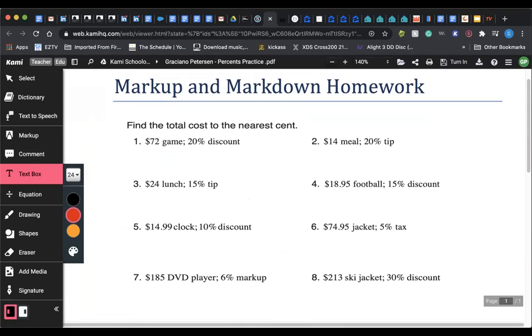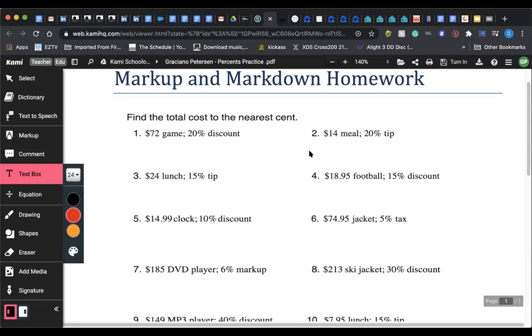All right, 1 second here. Okay, here we go. All right, so I have a $72 game with a 20% discount. So how much is that game going to cost me?